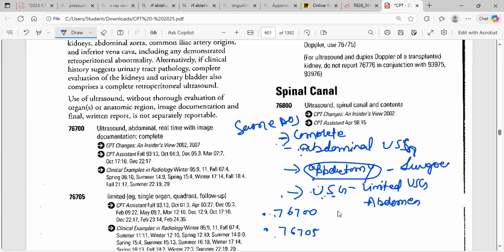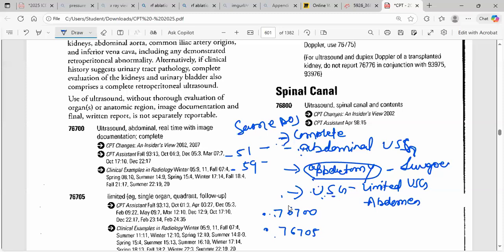But there is a modifier I know, for when the same doctor does two different procedures, but I don't remember which one. Okay, I'm going to give you the hint. Modifier 51 and 59. Just go and read the description of 51 and 59 and tell me which one is the best one for this scenario.